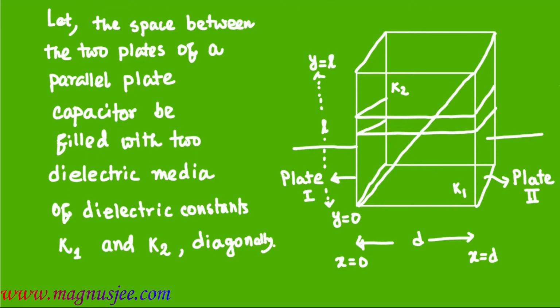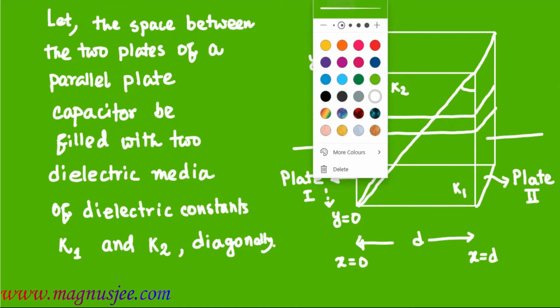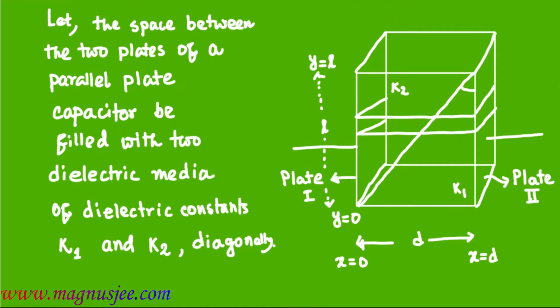They are denoted differently to distinguish the two elementary portions having dielectric constants K1 and K2, and this angle is theta. The angle of the diagonal with plate 2 is theta.